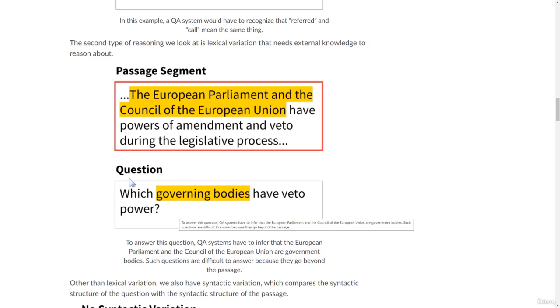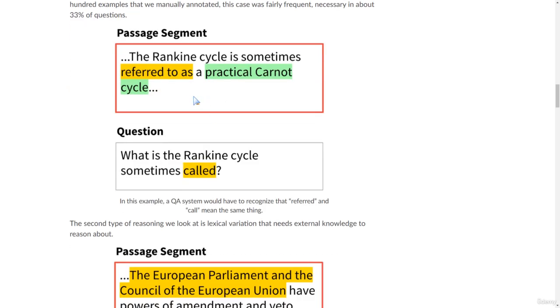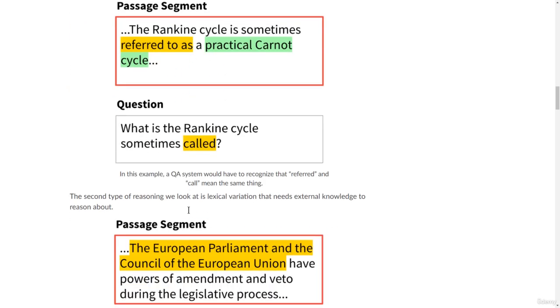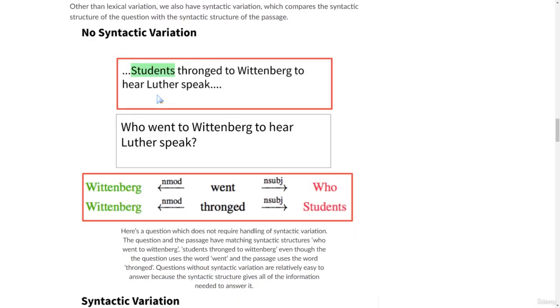So it's going to be difficult for it to answer this question properly. Note that this kind of lexical variation, like in this example and this other example, makes up about 33% of the questions.